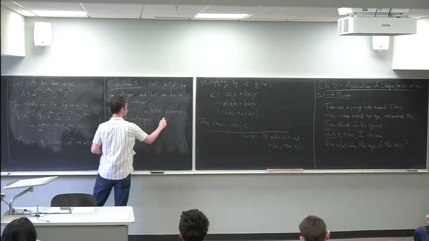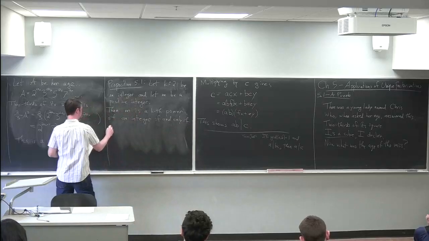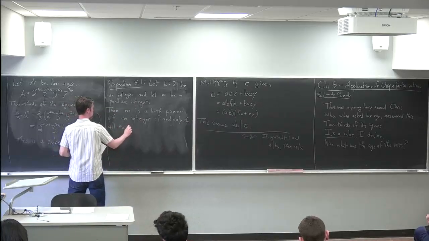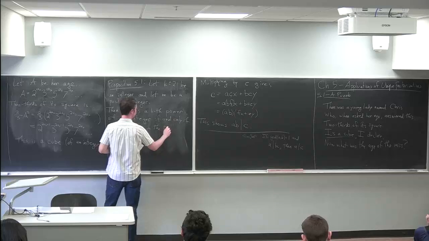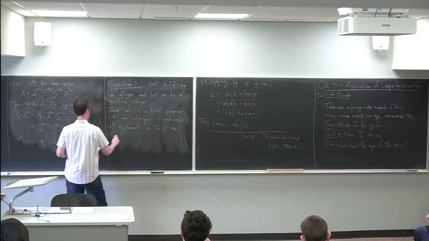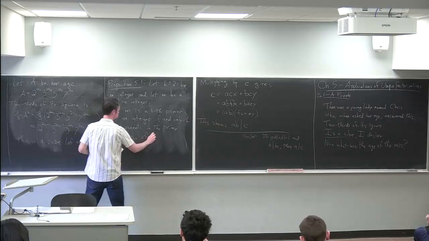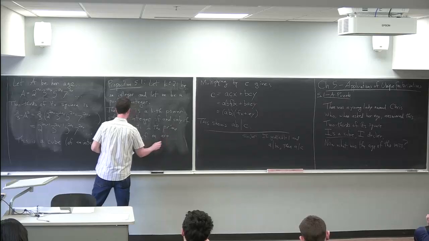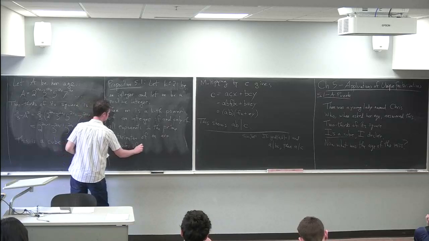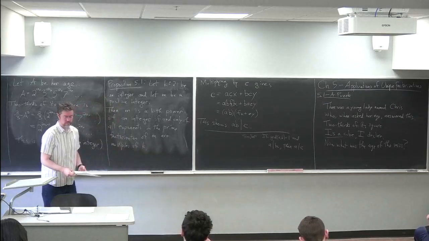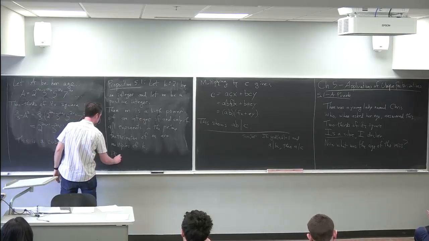This happens if and only if all exponents in the prime factorization of this integer m are multiples of k. The proof is an exercise.